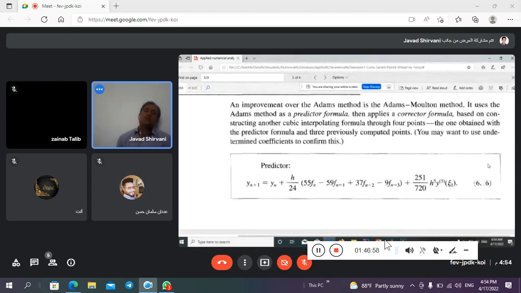Here we have studied different approaches for solving ordinary differential equations of degree 1.